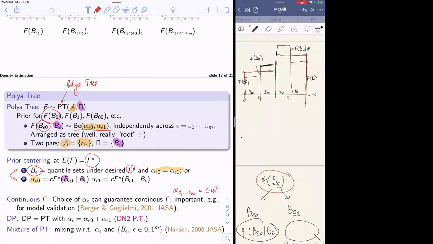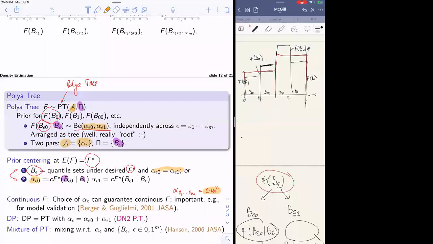If this grows fast enough, say with m square, then you get a continuous distribution. For example, we could use the orange parameter c m square. Now you only have to specify the c. Now we are down to a single parameter that we have to specify. Then you get a continuous distribution, and there are applications where it's important that you have a continuous random probability measure.